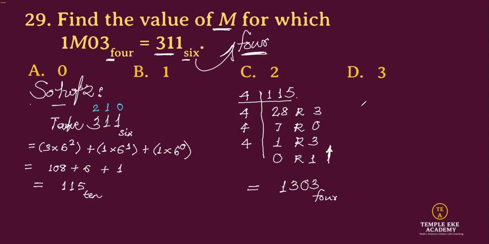Now, by matching the numbers, we now have 1m03 in base 4 matching the new face of 311 base 6, that is 1, 3, 0, 3 also in base 4. Since the numbers are now written to the same base, then their equivalent digits are equal.